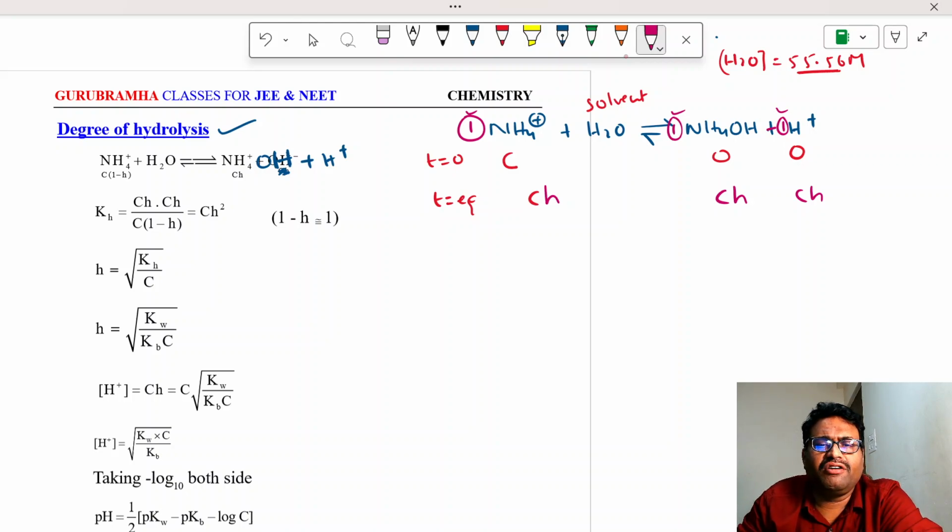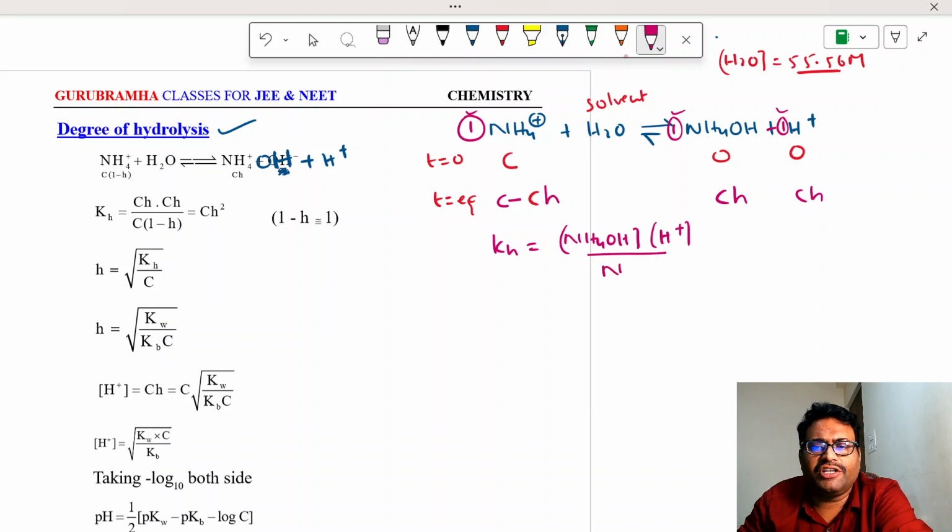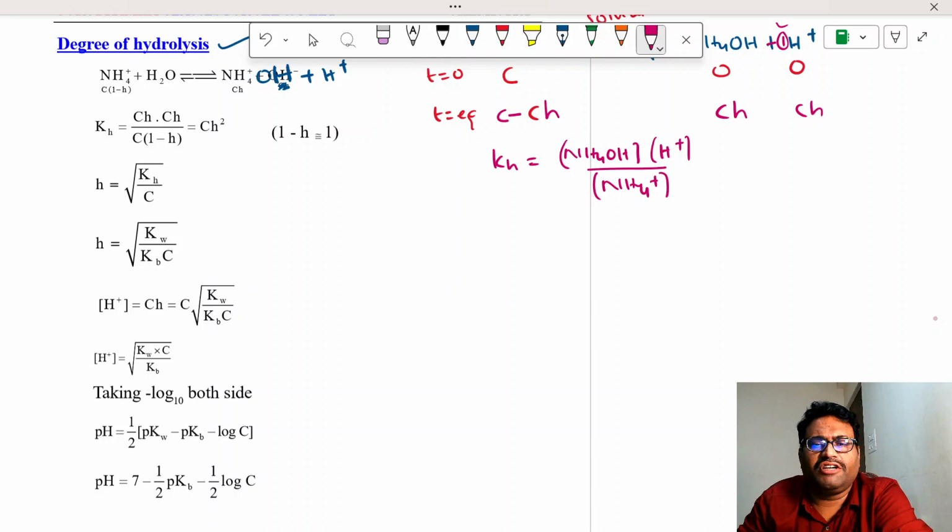At equilibrium, initially the concentration of NH4 plus is C. Dissociated is Ch, remaining is C minus Ch. So Kh is equal to NH4OH into H plus ion concentration by NH4 plus concentration.